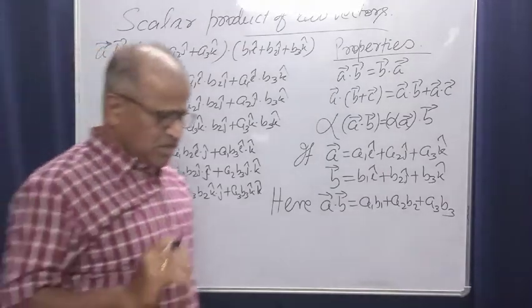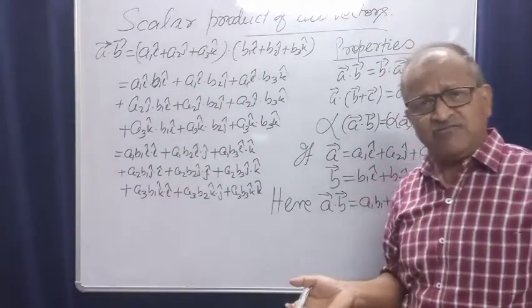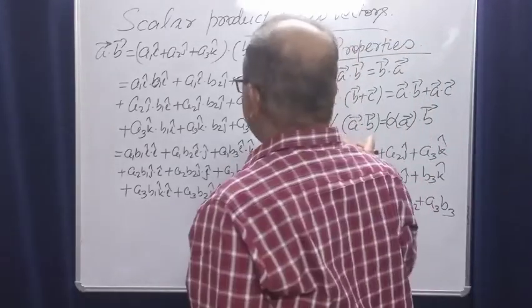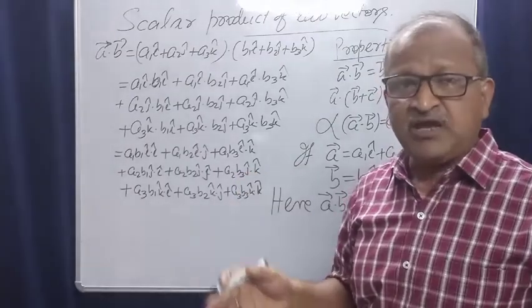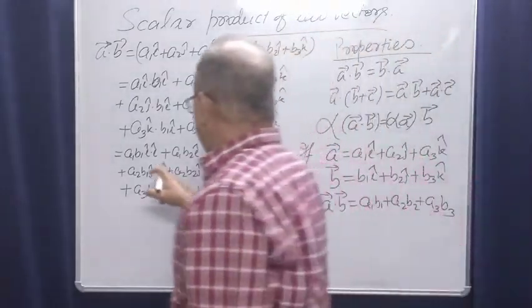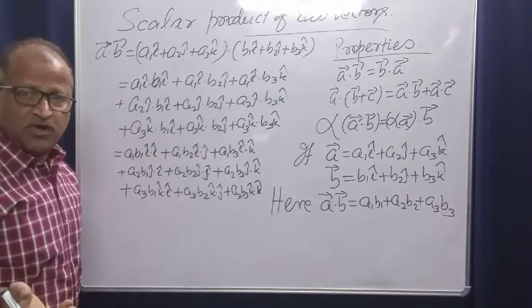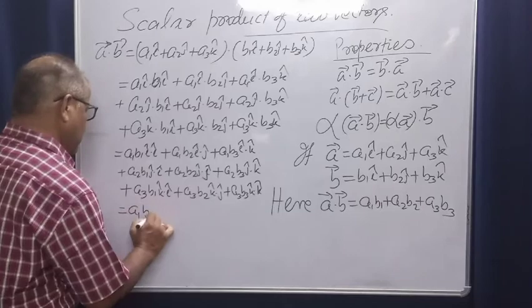Now you see, what is the inclination between i and i itself? It is 0. When inclination is 0, the dot product A dot B is equal to magnitude of A into magnitude of B. Here it will be i cap dot i cap, 1 into 1, which is 1. So this is A1 B1.